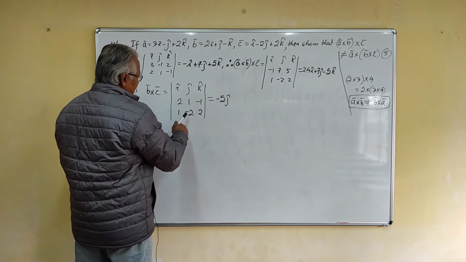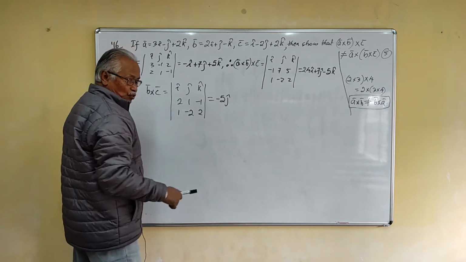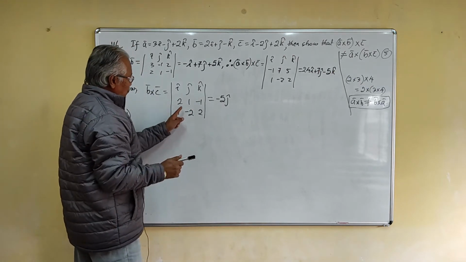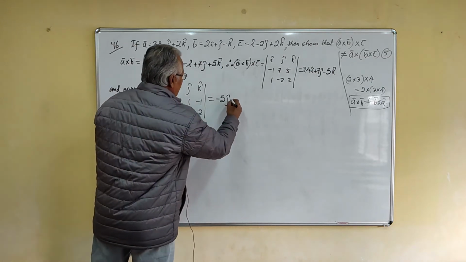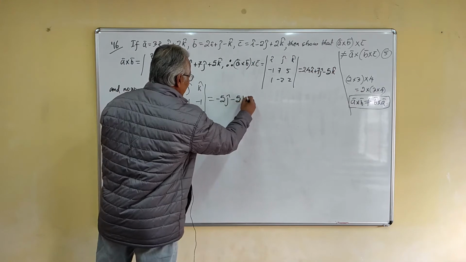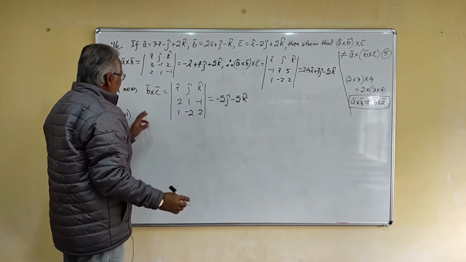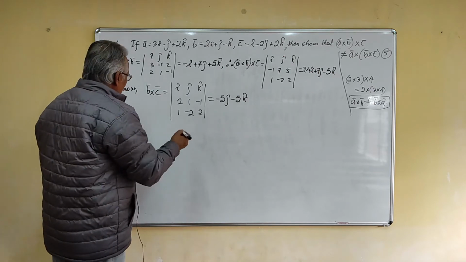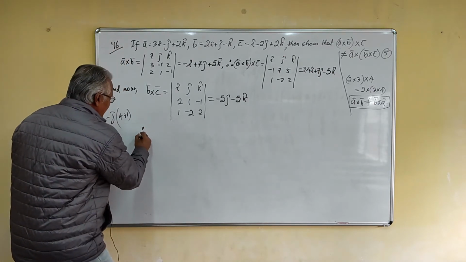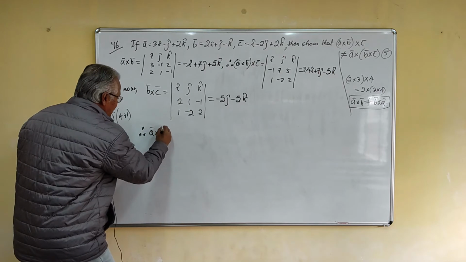Now k times, 2 into minus 2 will be minus 4, and subtract 1, you get minus 5. So minus 5k. Done? So that's the value of B cross C. So therefore, what will be A cross B cross C?